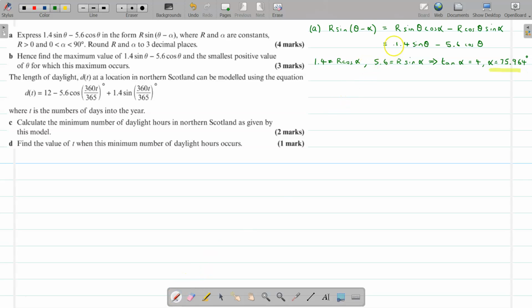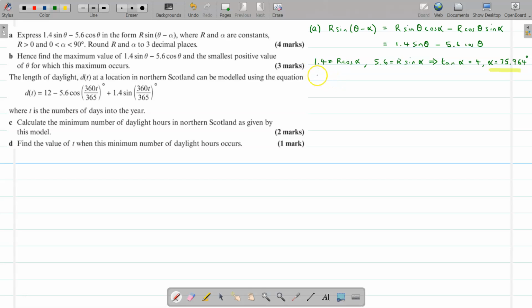Now to find r, I use the fact that if I square and add these terms together, r sine alpha squared is r squared sine squared alpha plus r squared cos squared alpha, that would give me 1 times r squared, because sine squared plus cos squared is 1. So if I square and add these two terms, I get r squared.